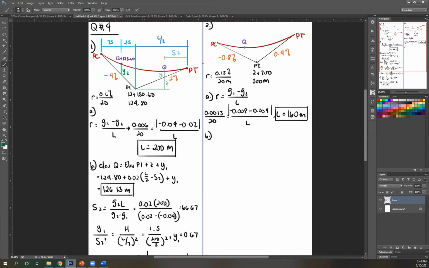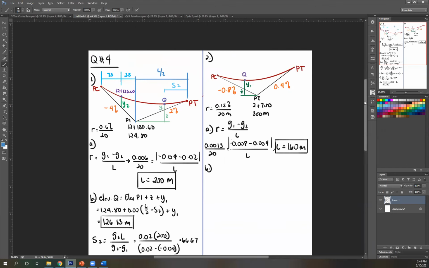So from PI, so let's call this Y1, and again, this is Z. Then, so this, from PC to lowest point, is your S. So on the left side, that's your S1. So therefore, elevation Q is just, or again, we're starting with what's given. Elevation PI plus Z plus Y1.